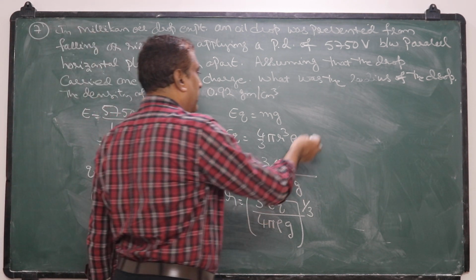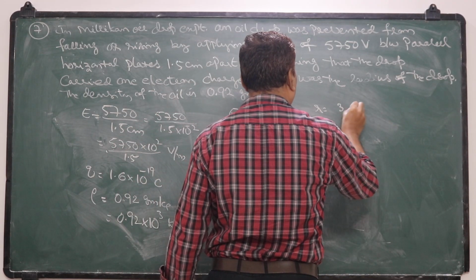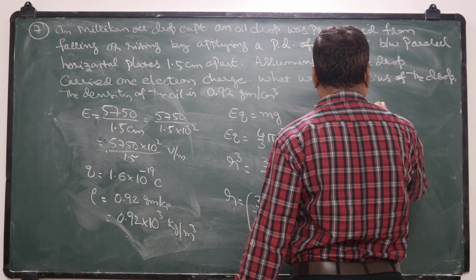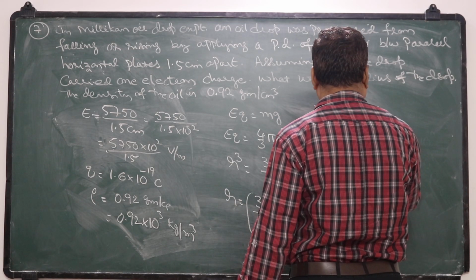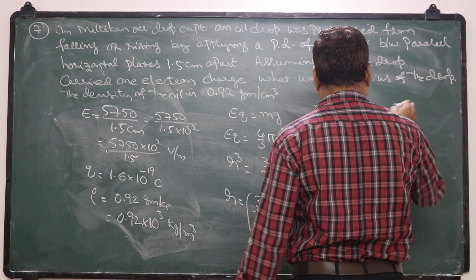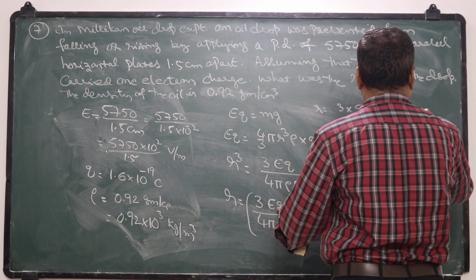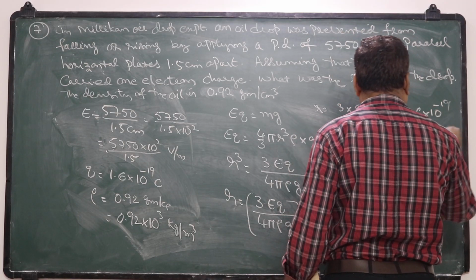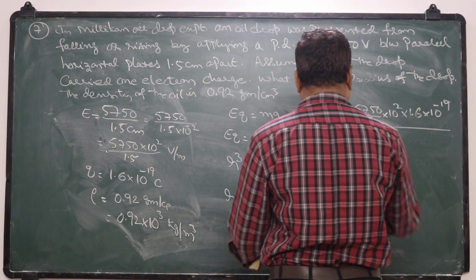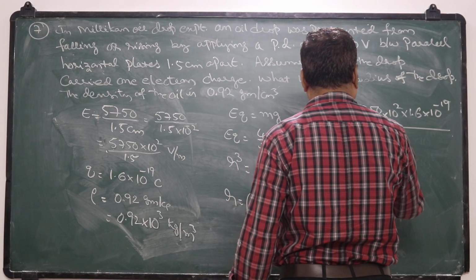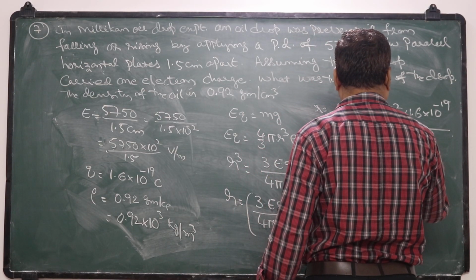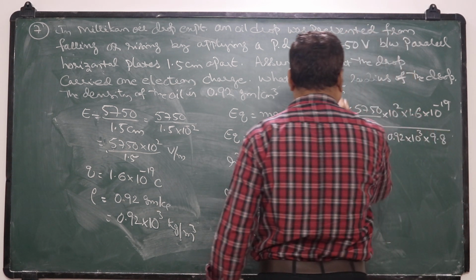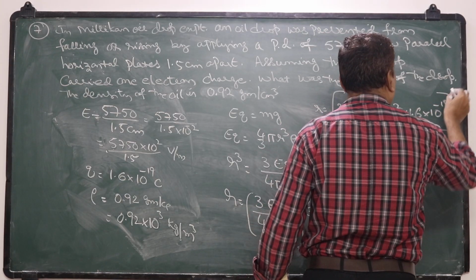Now by substituting all this, r is equal to 3 into E value, 5750 by 1.5 into 10 to the power 2, and Q value 1.6 into 10 to the power minus 19, divided by 4 into 3.14 into 0.92 into 10 cube into 9.8, whole power 1 by 3.